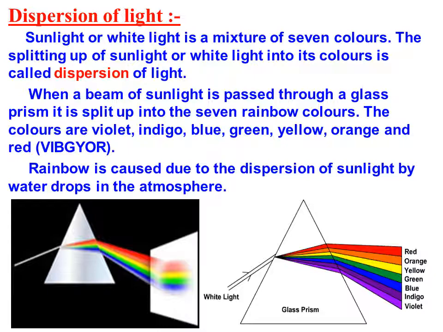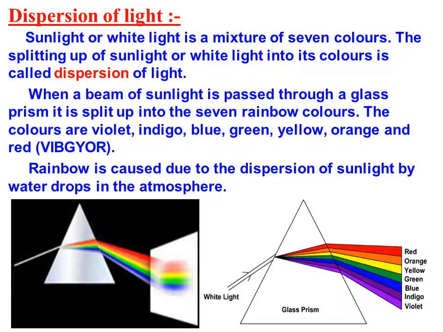That means white light is not only one color, it is not a true color. It is a mixture of 7 colors. And the splitting up of sunlight or white light into its colors is called dispersion of light.